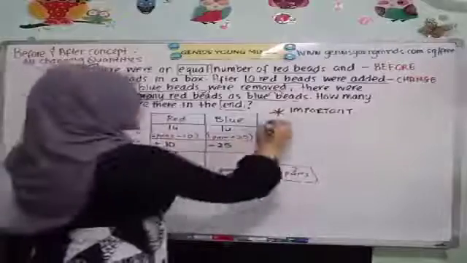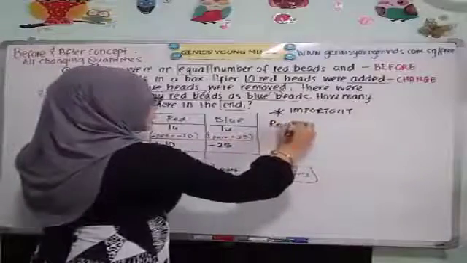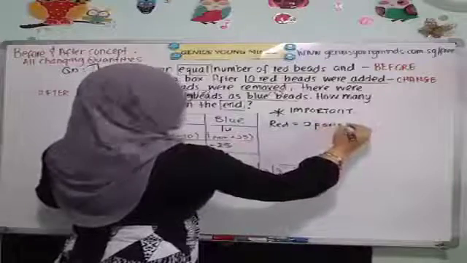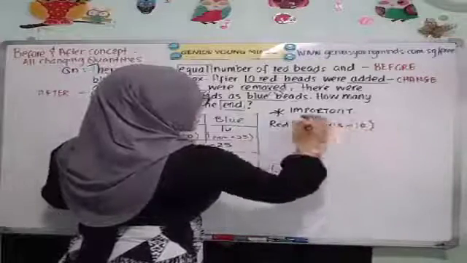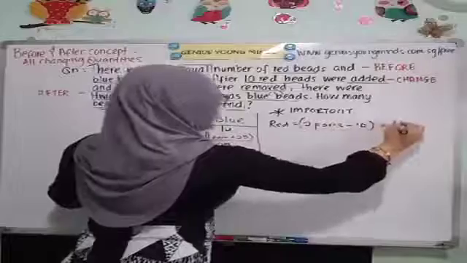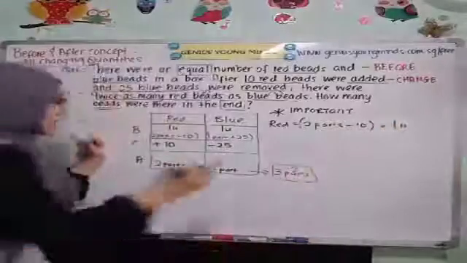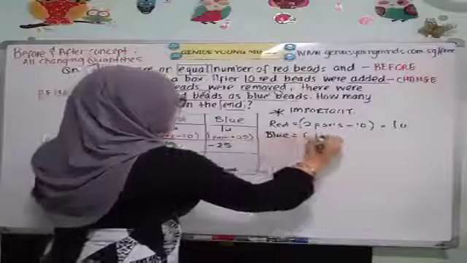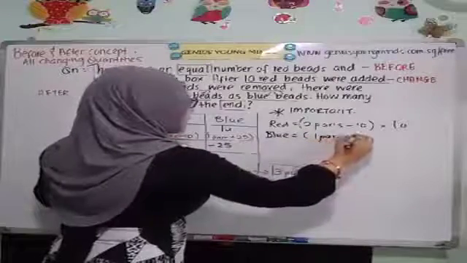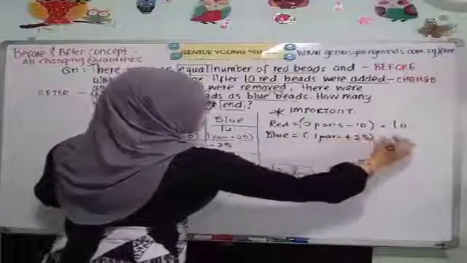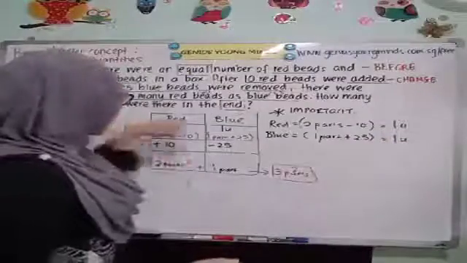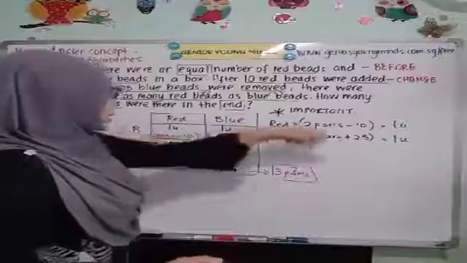Important is that the red is 2 parts minus 10, and this is equal to 1 unit. Now, my blue is 1 part plus 25, which is also equal to 1 unit.